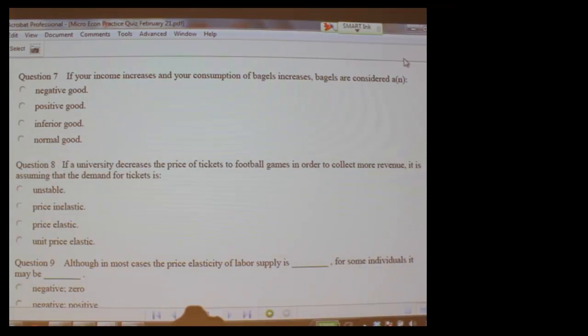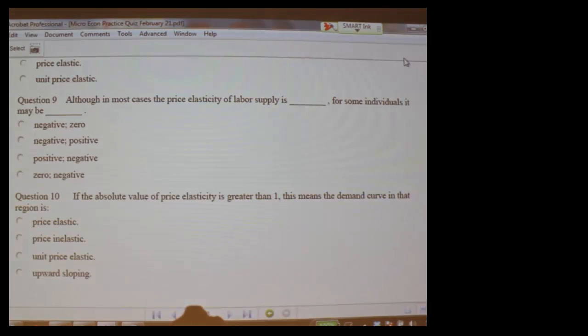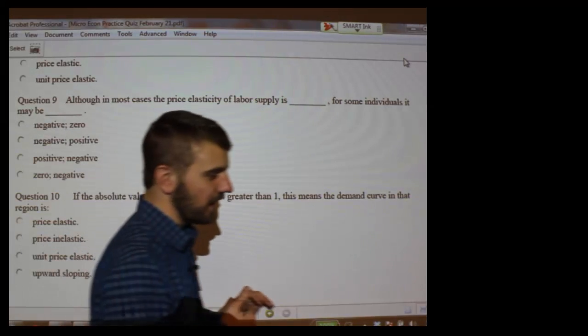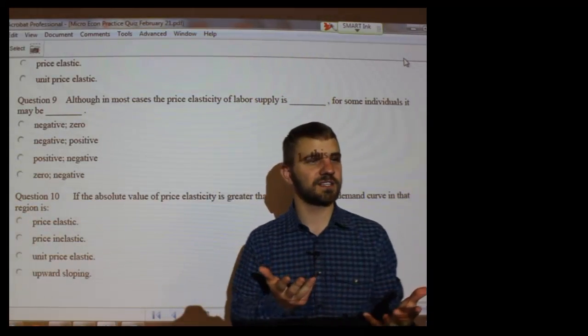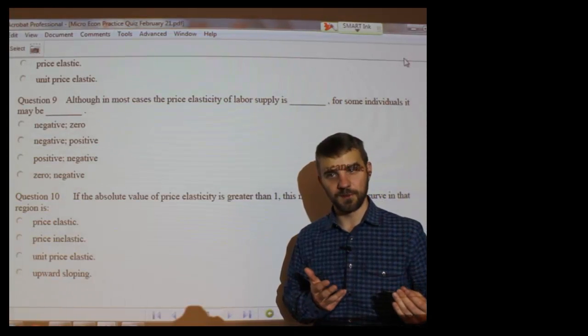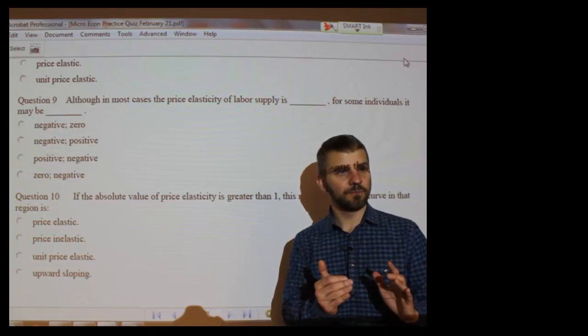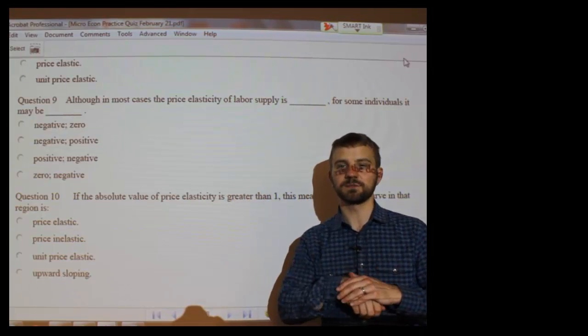Question 9. Although in most cases the price elasticity of labor supply is blank, for some individuals it may be blank. Now I realize I forgot to mention this in lecture 5.3. But there is a paragraph at the end of chapter 5 where they talk about this special case.